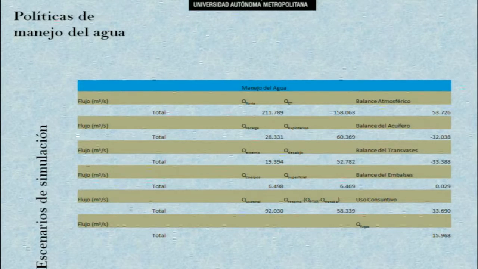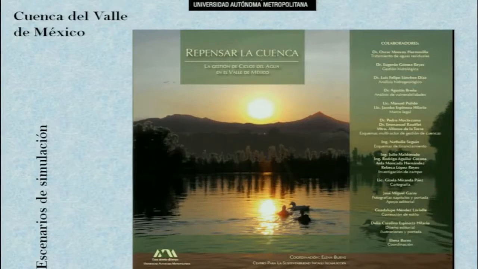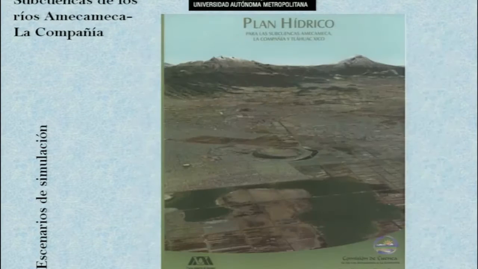And the last ones we have are some of the simulations we carried out to provide alternate solutions, which is included in the book called Rethinking the Basin, another alternative for the management of water, and the sub-basin of Amecameca and the Compañía rivers. We based ourselves on this information for the hydraulic plan and my conclusions since yesterday.